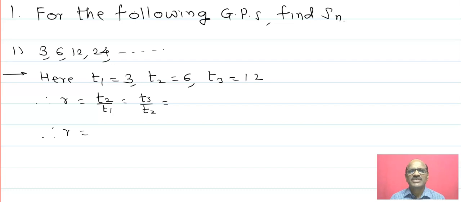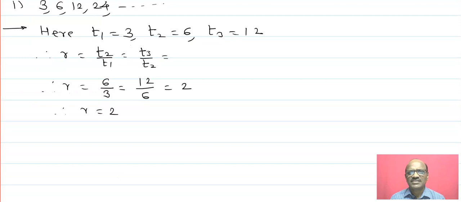T3 is equal to 12. r is equal to T2 upon T1, that is 6 upon 3, and 12 upon 6, so the value is r equals 2.